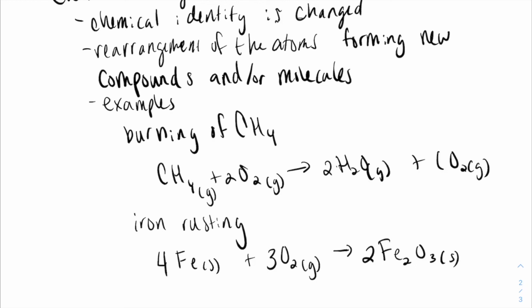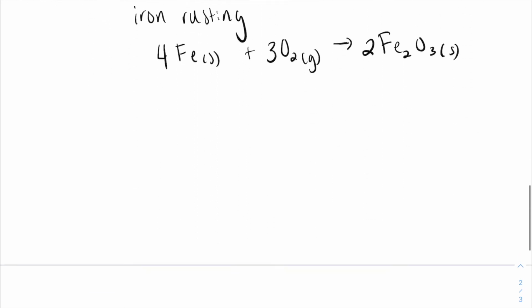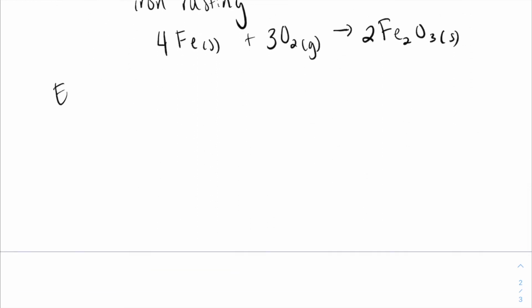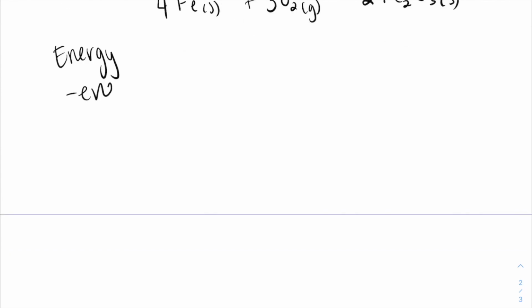Okay, the last thing I want to talk about in this video is the idea of energy. Energy is going to be the capacity to do work or transfer heat.